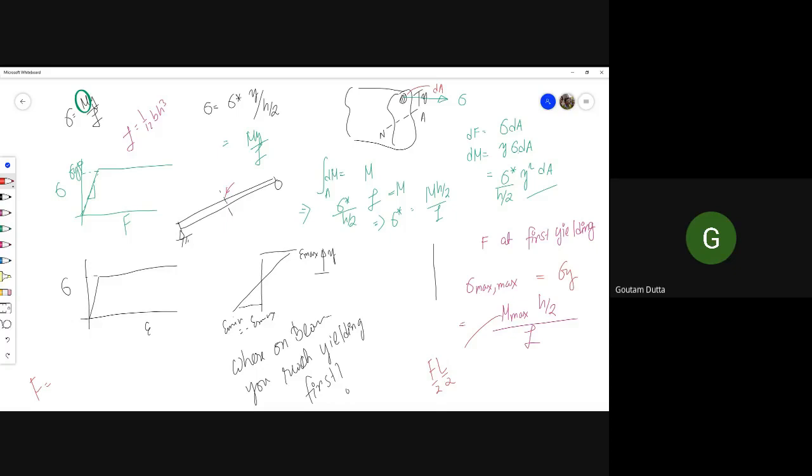Three by two BH square by L sigma y. 3 by 2.